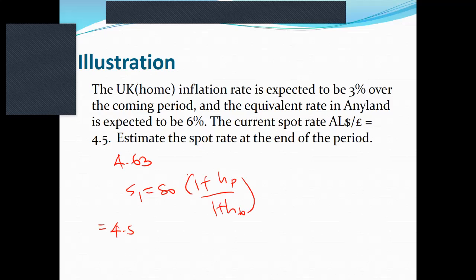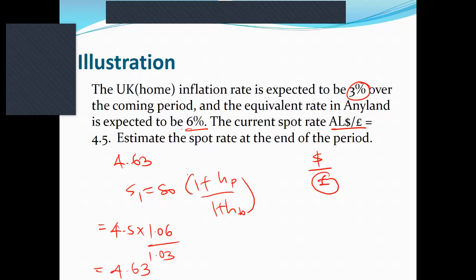The quotation is dollars to pound, therefore the price currency is the dollar, and the inflation in the dollar is 6%, so 1.06. We divide by 1 plus the inflation in the base currency, the pound, which is 3%, so 1.03.